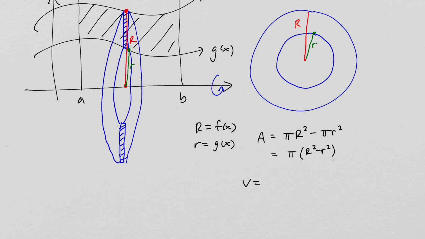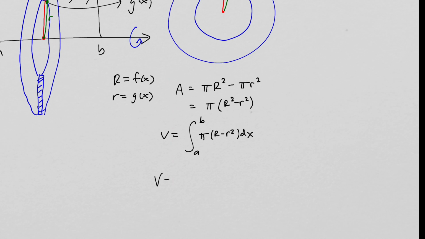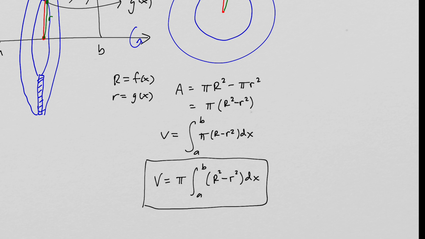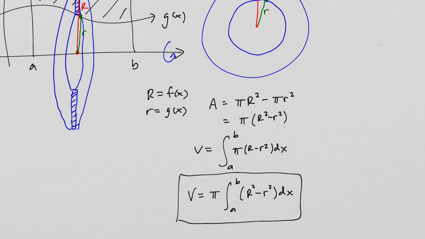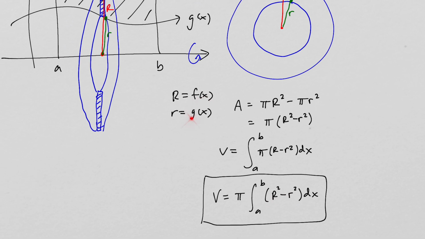And then the volume is the integral of this. And then normally what we'll do is factor out the pi and express it in this way. But then we have to understand that big R and little r are some function of x. So again, in this case, big R is f of x and little r is g of x. But that's not always going to be the case.